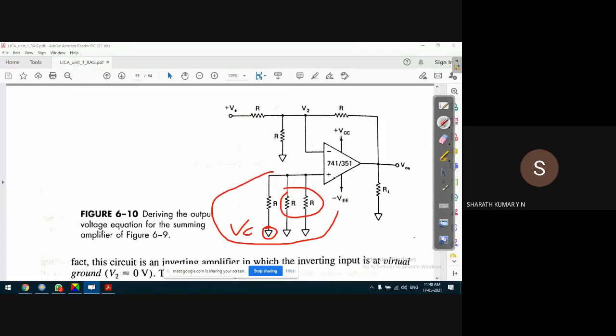It acts as an averaging amplifier. That is, it becomes VC by 3 because of the 3 resistors. So the equivalent resistance is 1 by 3 into R. Hence the voltage at this point V1 is VC by 3, because we are applying only one input voltage.